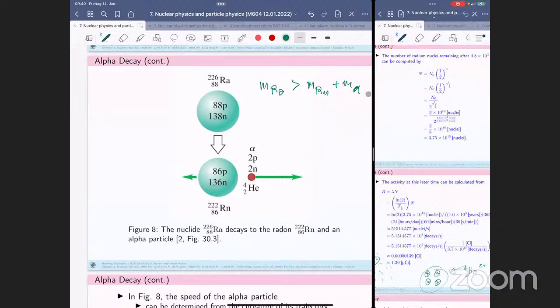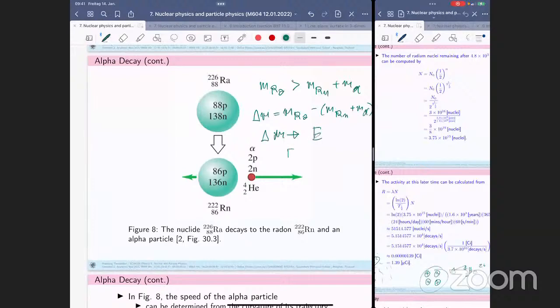And in that relation, delta M, which is M radium minus M radon plus M alpha, delta M is converted to energy.